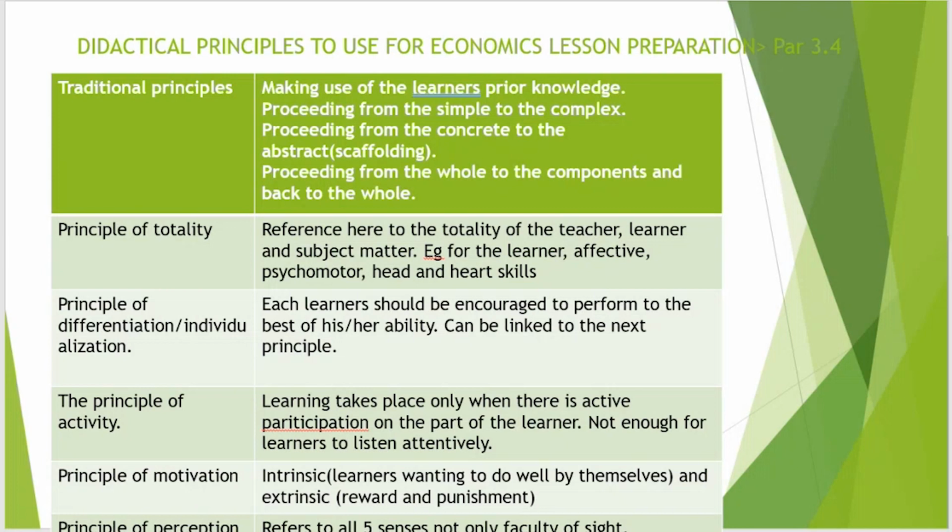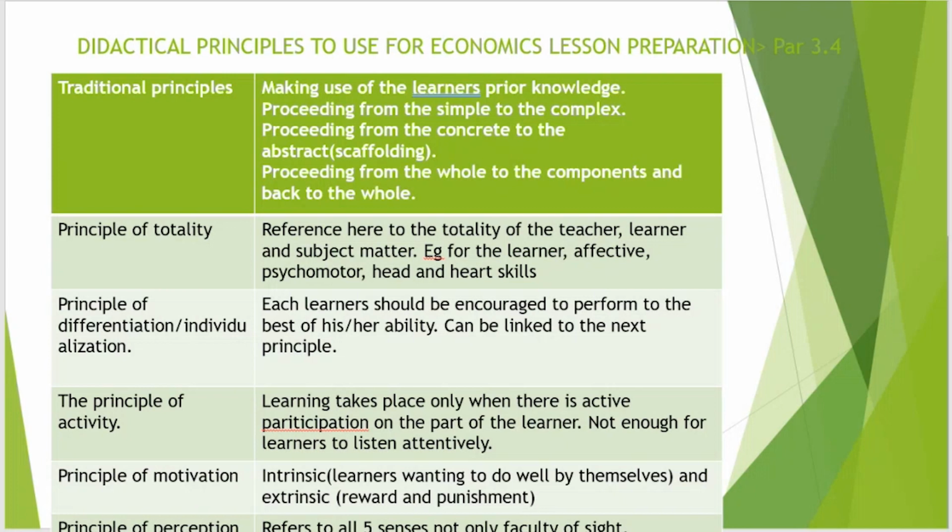Head and heart should all be involved. So the principle of totality says we must not only look at the learner in terms of his intellect, how clever he is, but we need to look at the learner as a whole. And if we understand the learner as a whole, we will then convey our subject matter accordingly, and the learner will learn better.